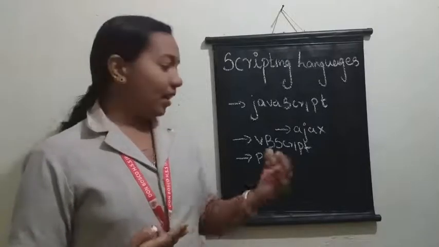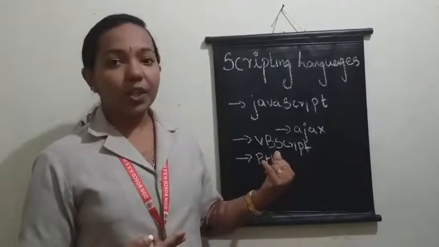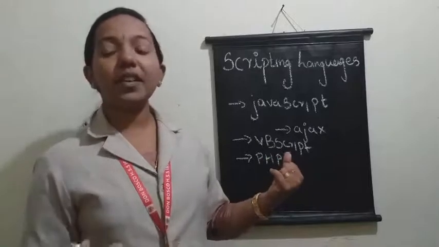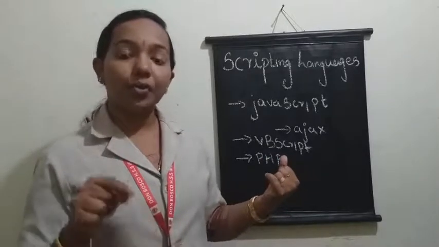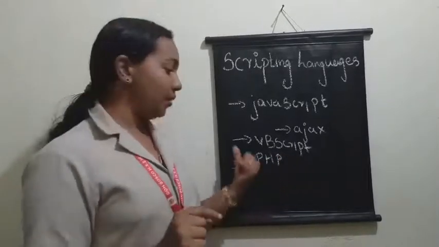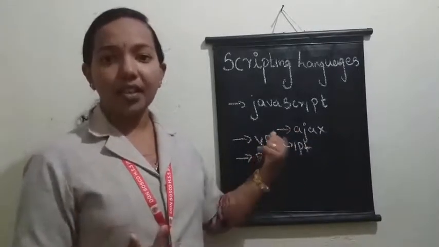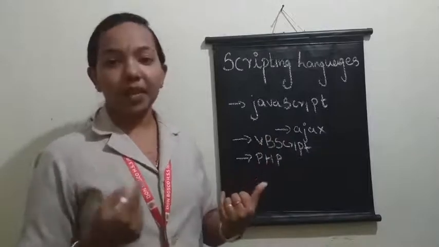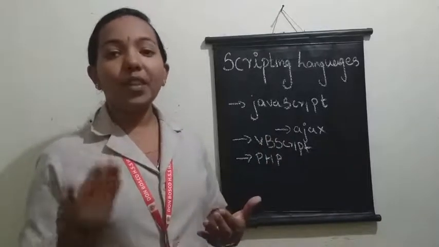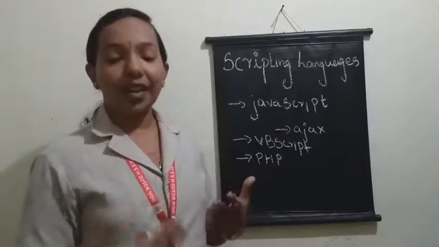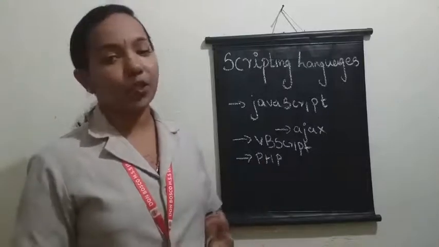Clear? Then, I mentioned in the previous video that when the web server is executing, web server software is available. In web server software, the actual execution is taking place with the help of PHP. PHP's role is to convert that SQL data, that database data, into web page format.